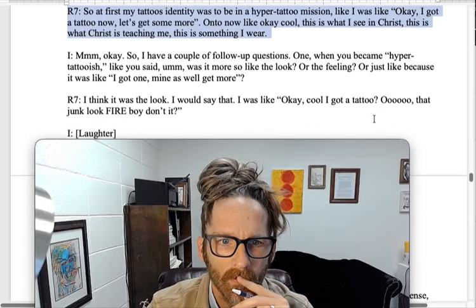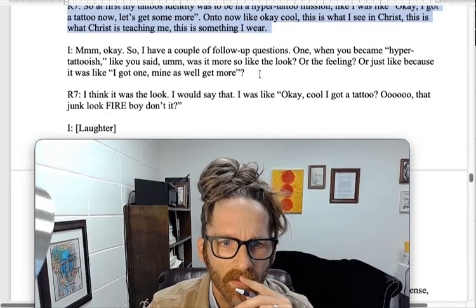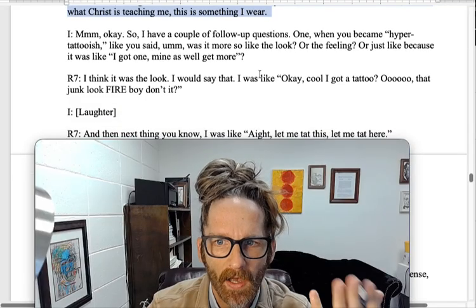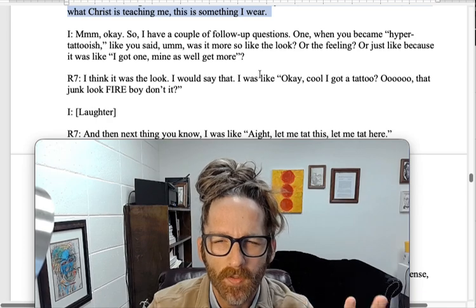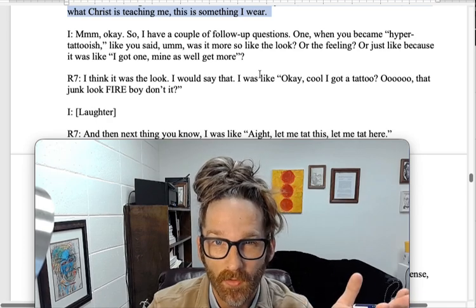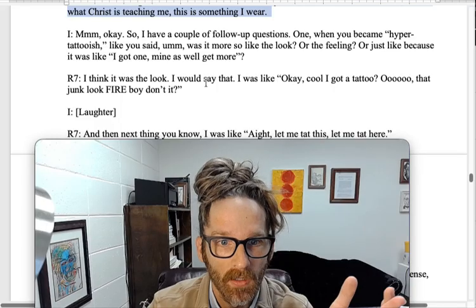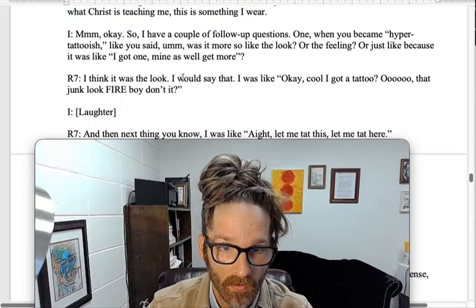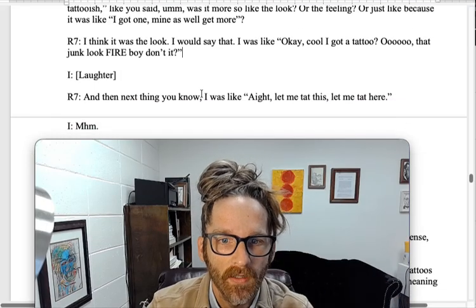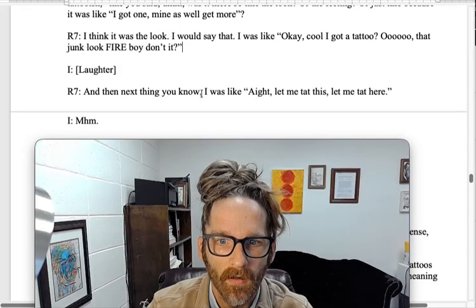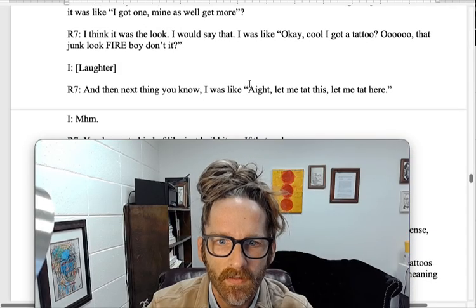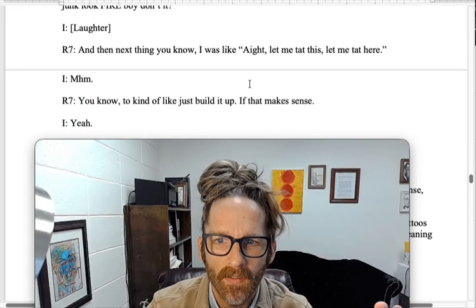Let me read a little bit more. There's a look, the feeling. So the interviewer asked, what was the reasoning behind that? Remember, I sort of assumed it was the look of them. So I think it was the look. Okay, R7 agreed. So he liked the look. Next thing you know, I was like, let me get this.